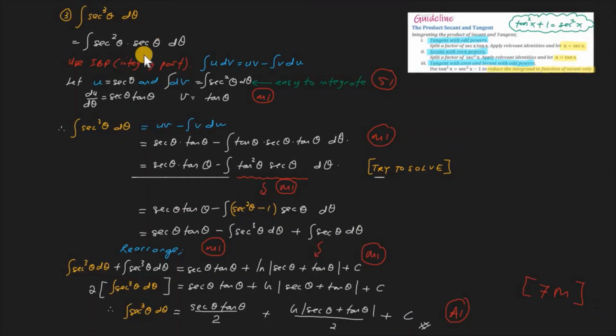So this was the solution for our early discussion, for secant power 3. This is the answer that we have. Let me quote the answer: it is half of secant theta tangent theta plus ln of secant theta plus tangent theta.